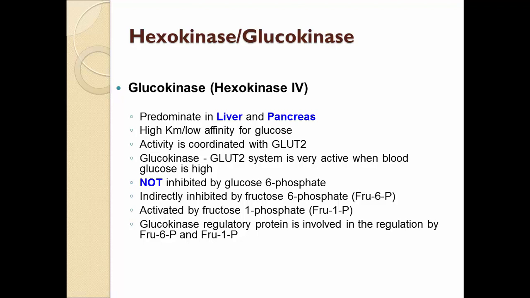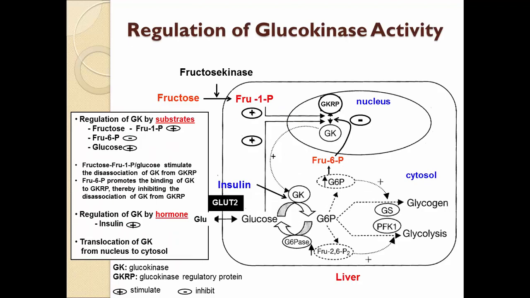Let's go to the next slide. This slide shows us how glucokinase is regulated by hormone and substrate. It's a pretty busy slide, right? This represents the liver cell, and this is the nucleus, and this is the cytosol. And we know that glucokinase activity, the first reaction of glycolysis, occurs in the cytosol, right?